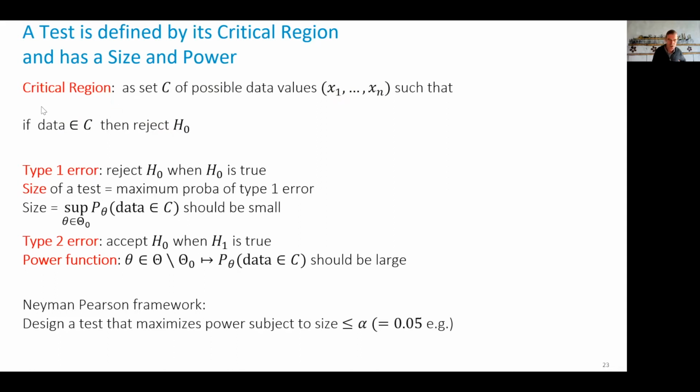All tests will use this terminology. Of course, when we do a test, in some sense we have to classify, we need to choose H0 or not H0. By doing that, we can have two types of errors, like in any classification task. The type 1 error consists in rejecting H0, which occurs when we are in the critical region, when in fact H0 is true.